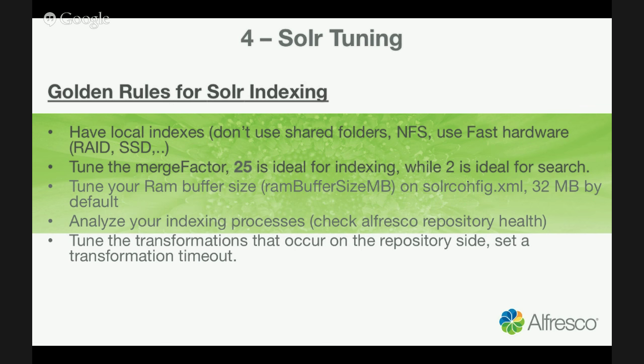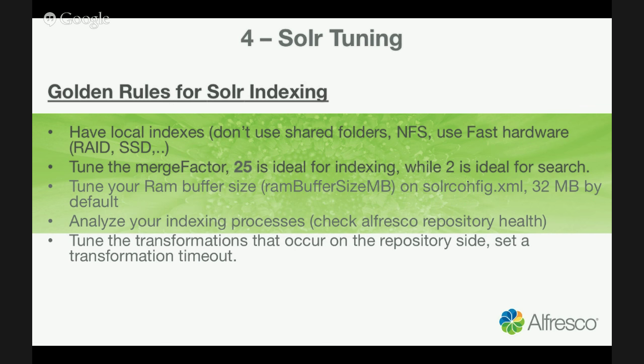Regarding transformations, not only is text extraction a transformation, but also transformations to generate previews, like that nice preview that we see on Alfresco Share, for example. Some of those transformations of specific MIME types generate problems, or the transformers are throwing errors, or are not capable of transforming a specific MIME type, and this sometimes hangs the threads that are responsible for doing these transformations.